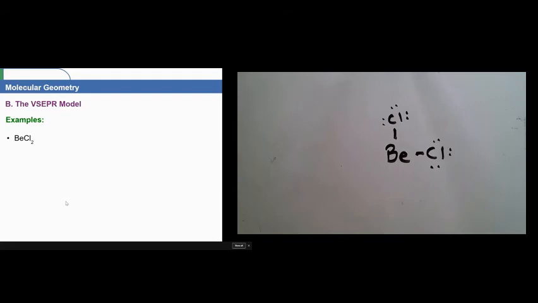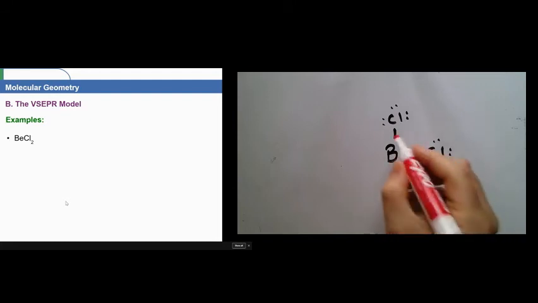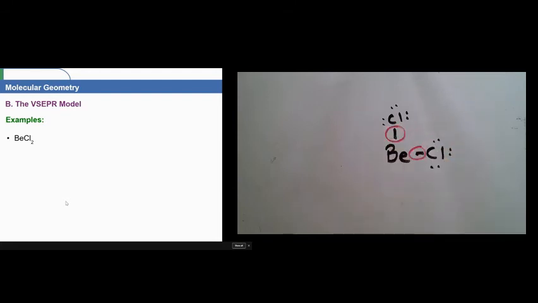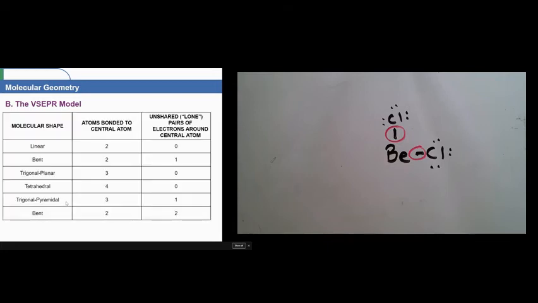Now when I count, I see that around beryllium, there are 2 electron groups and no unshared pairs. So when I go back, it looks like 2 and 0 would mean that that is linear. And that is in fact linear.